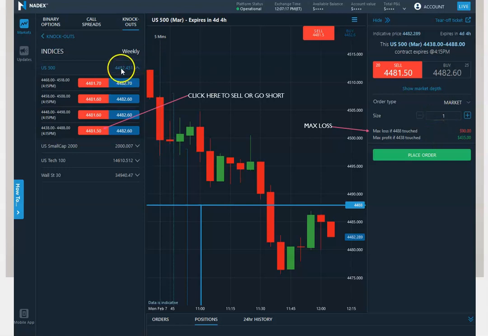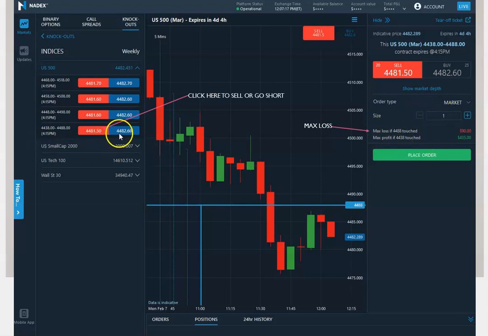Maybe you wait for it to come up to 83, 84, then take your short. That will lower your loss, but it's also going to increase your maximum profit potential to the downside. So hopefully that's clear. It's nice you don't have to do the calculation. They provide it right there for you.